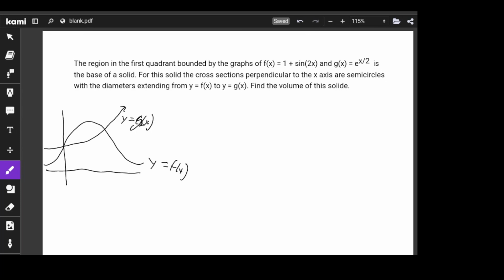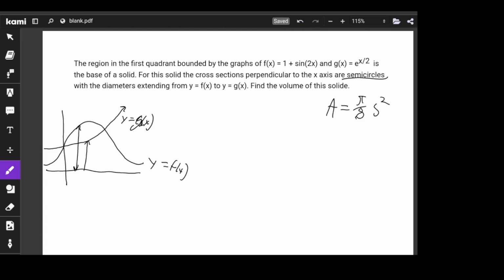Now, we see that the cross sections in this question are semicircles, which means our area is going to equal pi over 8 S squared. Now, we know that the top half from here to here is greater than the bottom half.